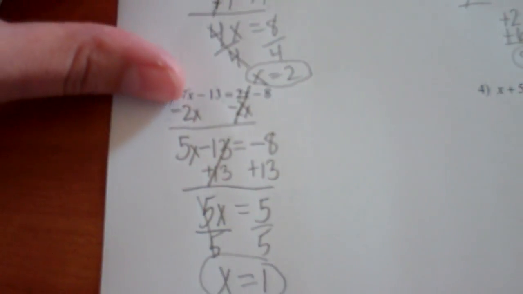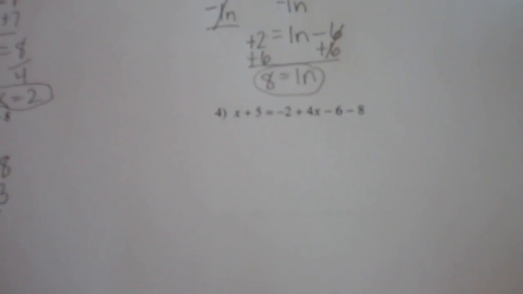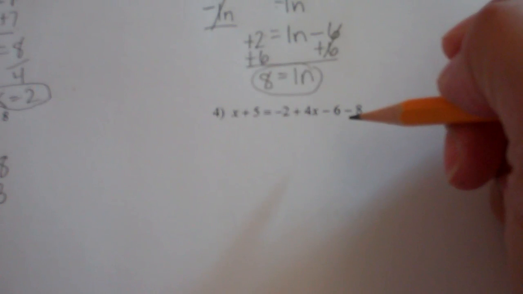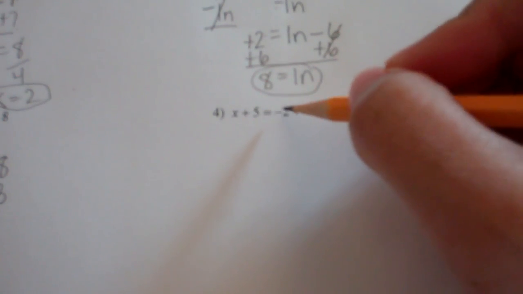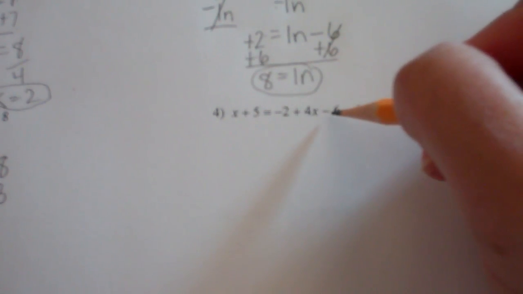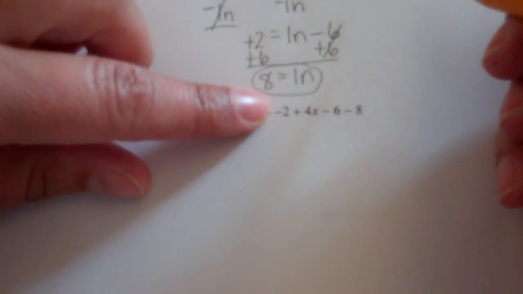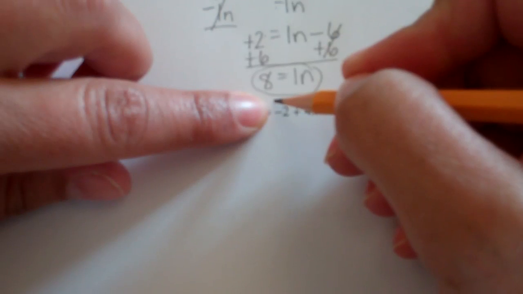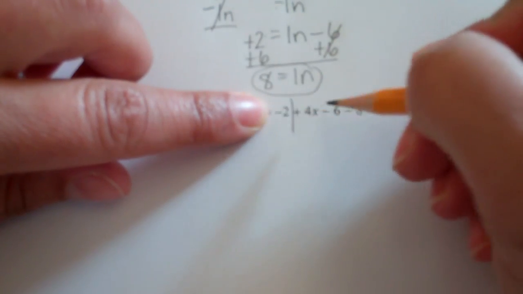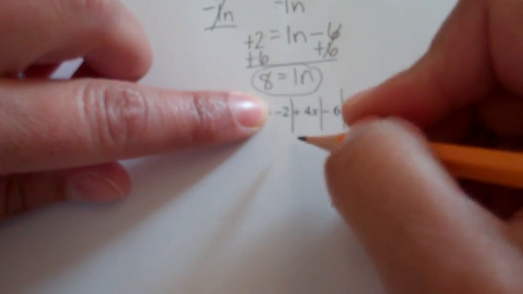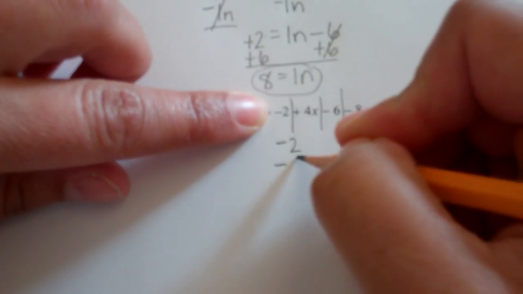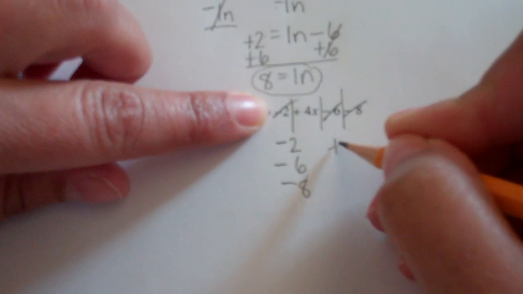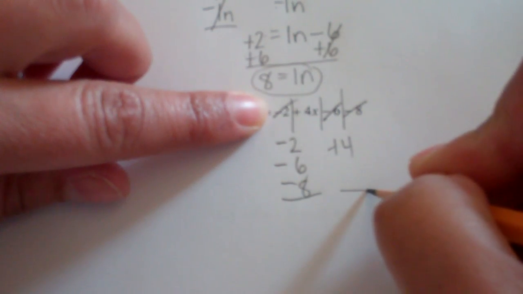And we're pretty good. Step number 4 really looks like what we did in number 2 up above. X plus 5 equals negative 2 plus 4x minus 6 minus 8. Oh, there's that bell. So what we're going to do is, again, separate these. Negative 2 minus 6 minus 8, those are a lot of terms to combine, and then we have positive 4x.